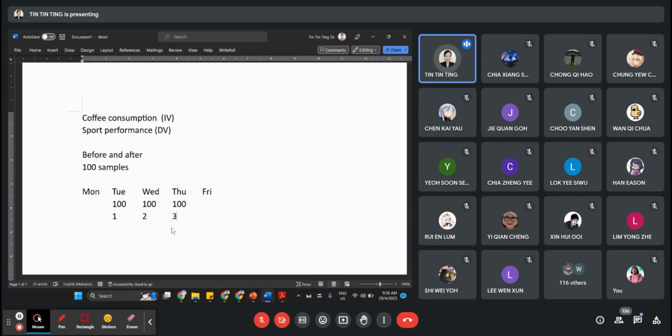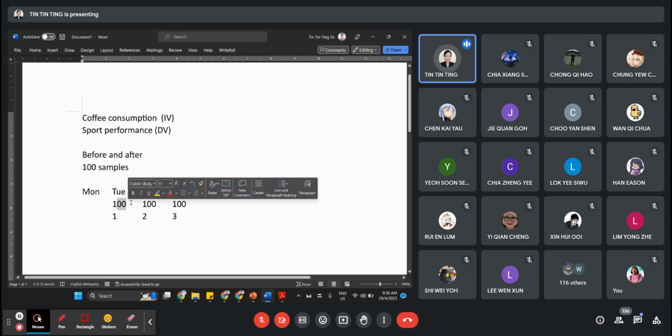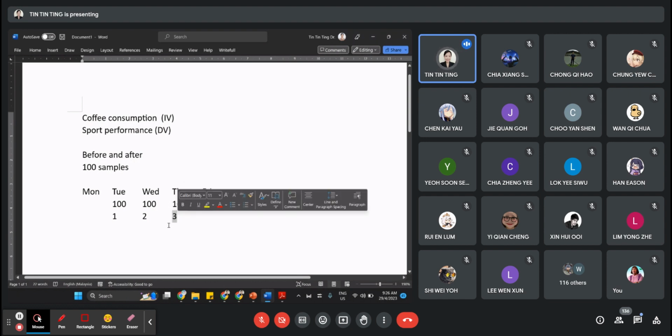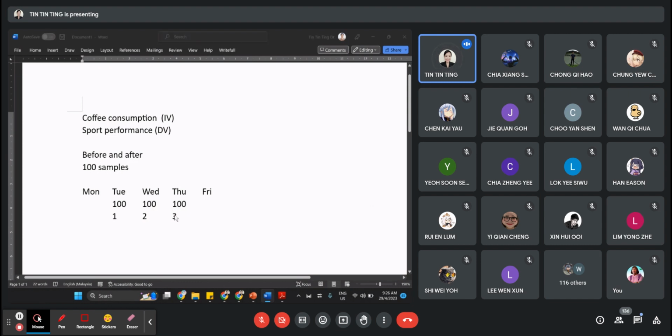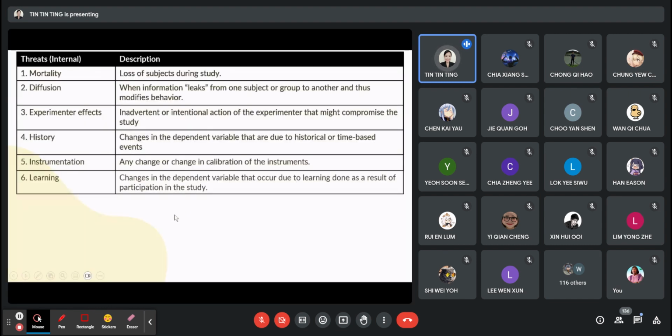On Thursday, I give them 3 cups of coffee. But because this is the same group of people, they learn on Tuesday what to do. On Wednesday, they know already what should be done: I should run as fast as I could. And then on Thursday, they've also learned from the previous experiment that after drinking 3 coffees, I might be able to run even faster. So there is a change in behavior because you learn from the previous.